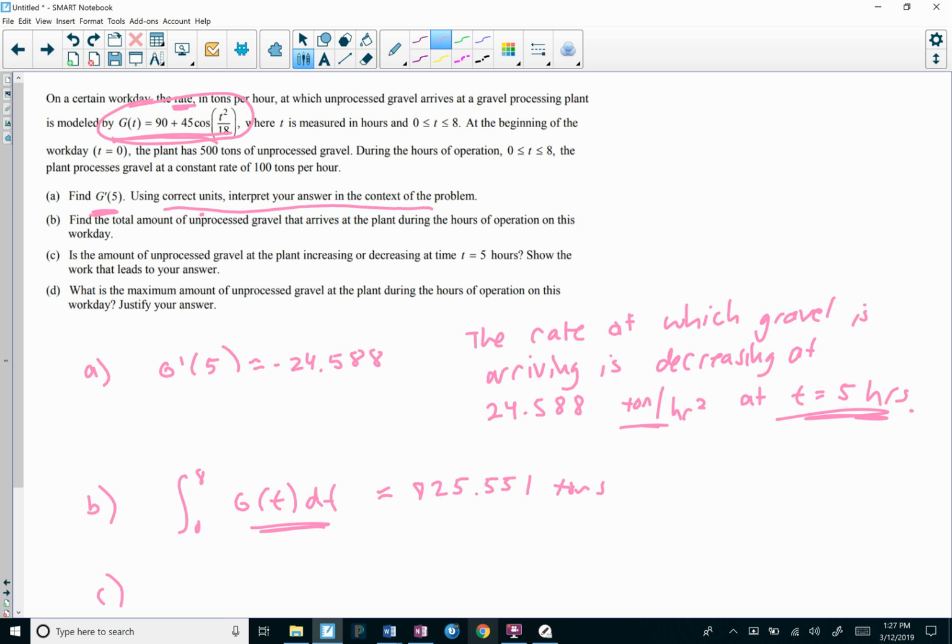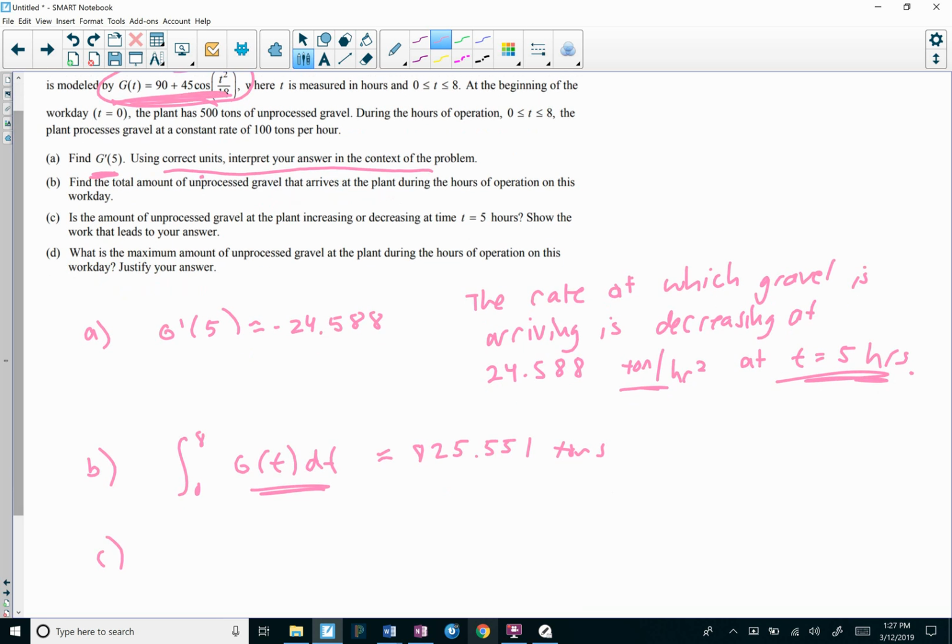Okay. Part C, is the amount of unprocessed gravel at the plant increasing or decreasing at t equals 5? Show the work that leads to your answer. Well, remember, this is the rate. This is the derivative, so don't take another derivative. So if I find G of 5, I get 98.141. Now, keep in mind, that's how fast the unprocessed gravel is arriving, okay?